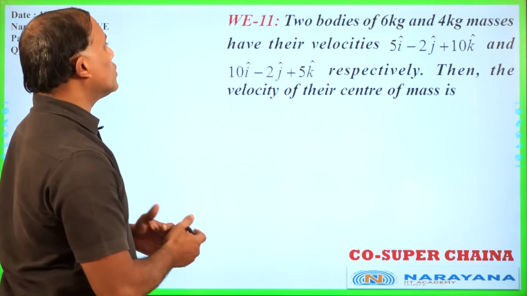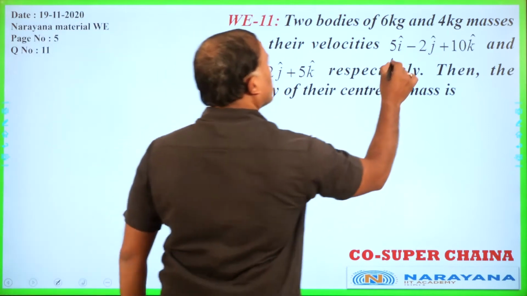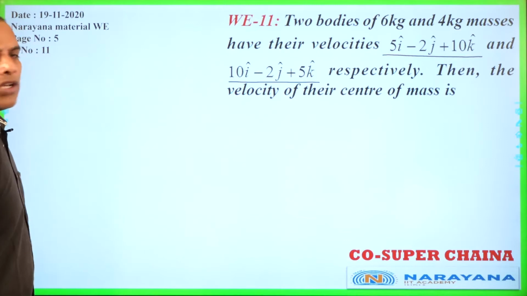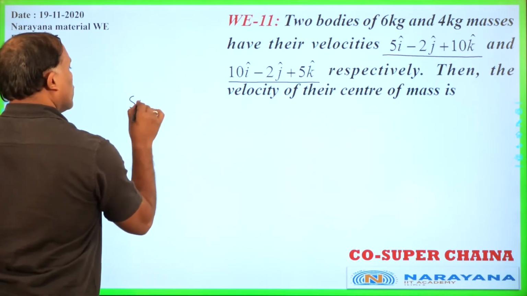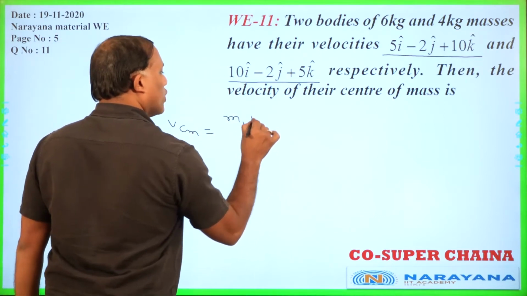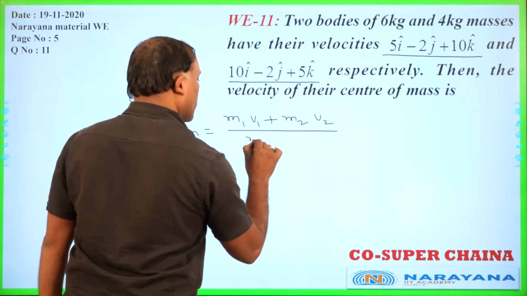Two bodies of masses 6 kg and 4 kg have first velocity and second velocity respectively. Then the velocity of center of mass is: velocity of center of mass VCM is equal to m1 v1 plus m2 v2 by m1 plus m2.